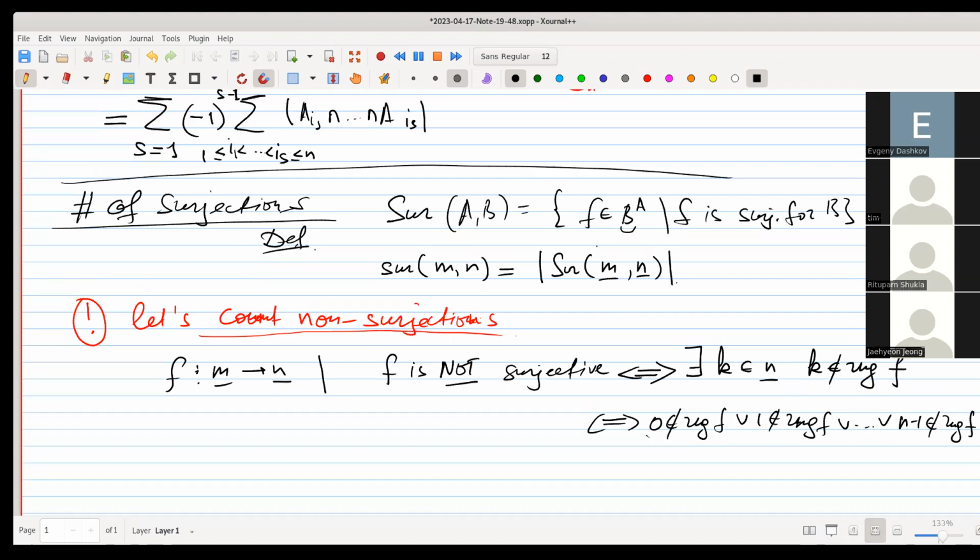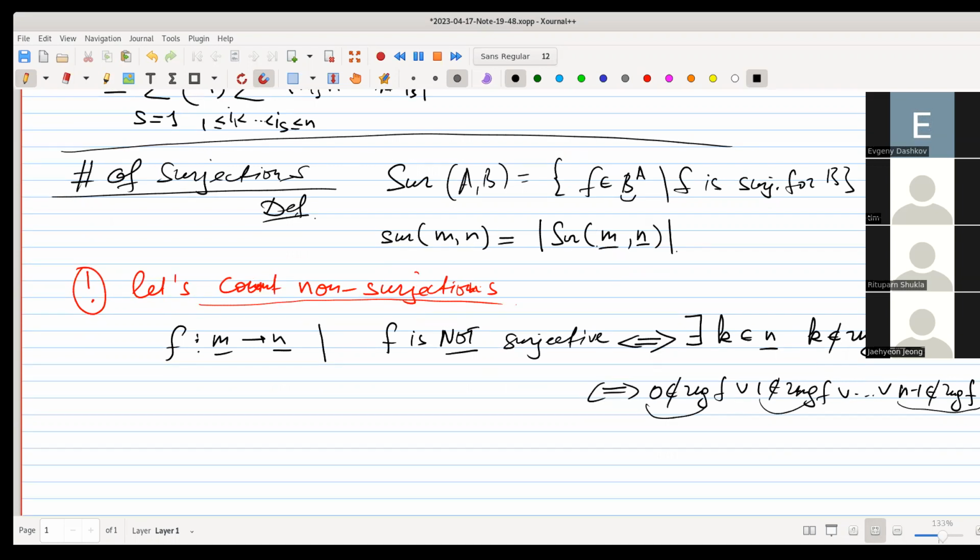Interesting, very interesting. So we have a disjunction of n conditions. Is it possible that neither 0 nor 1 are values of our function?